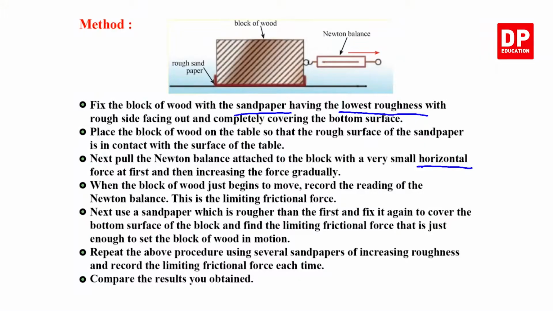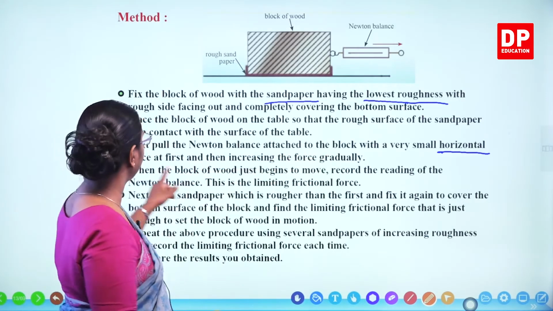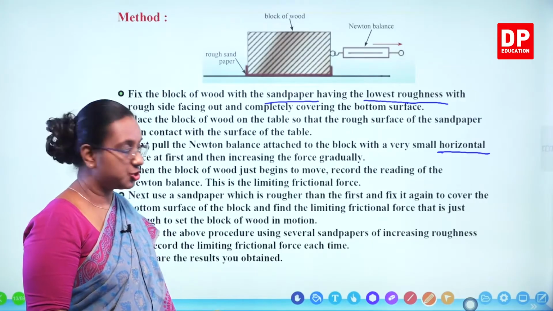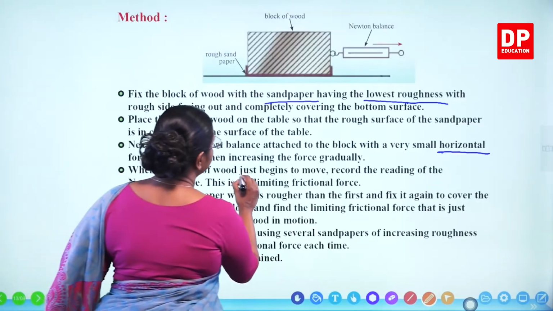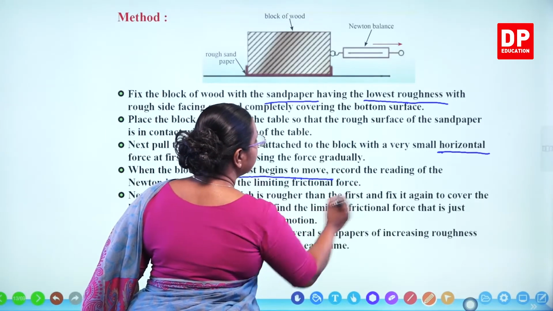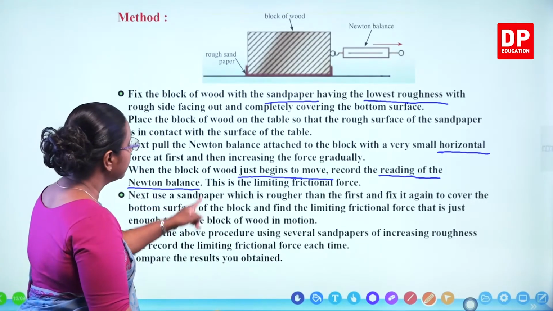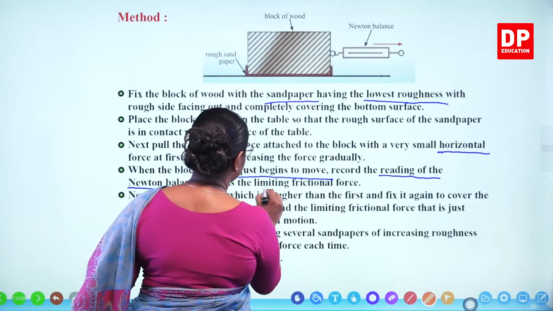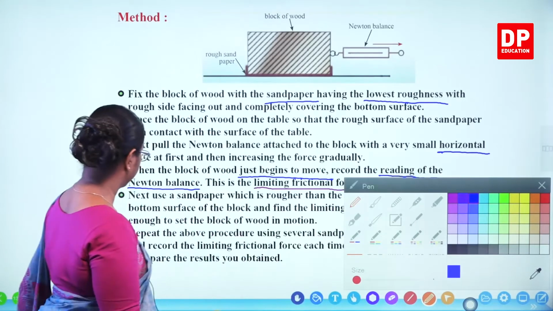Initially we apply a very small horizontal force and then increase the force gradually. When the block of wood just begins to move, record the reading of the Newton balance. This is the limiting frictional force.